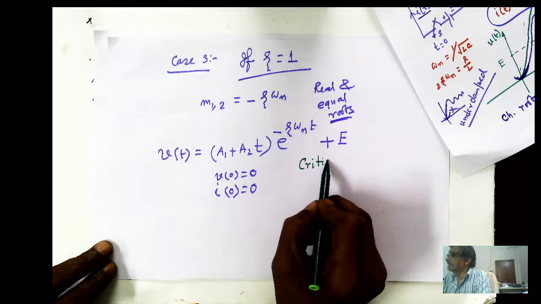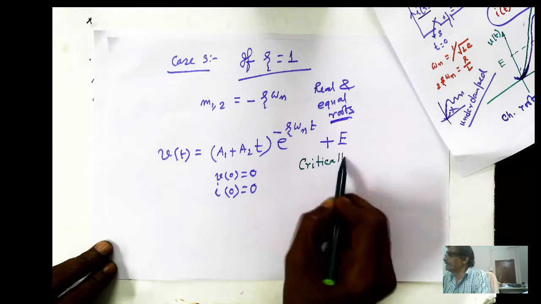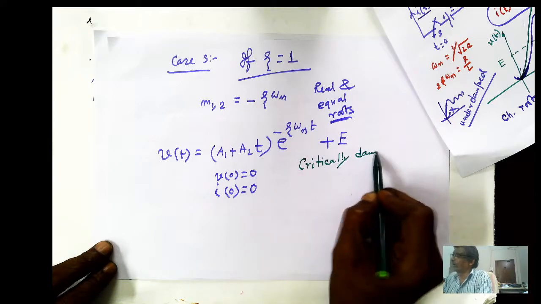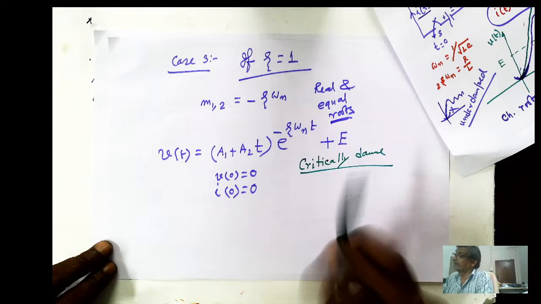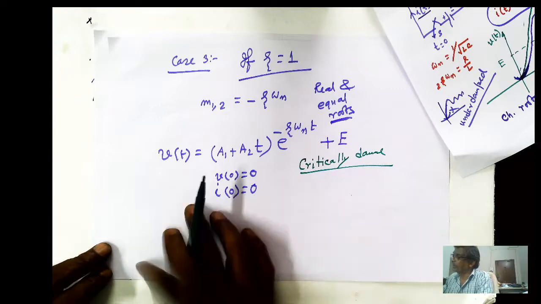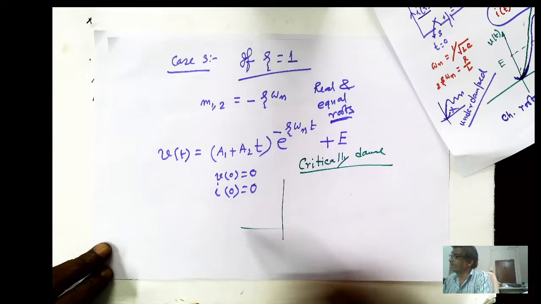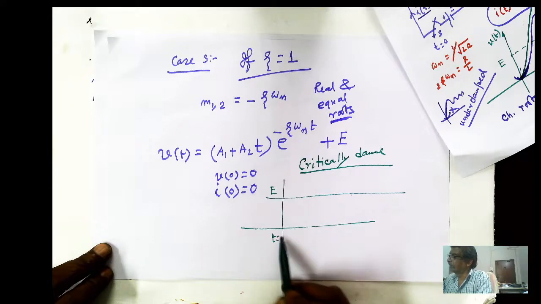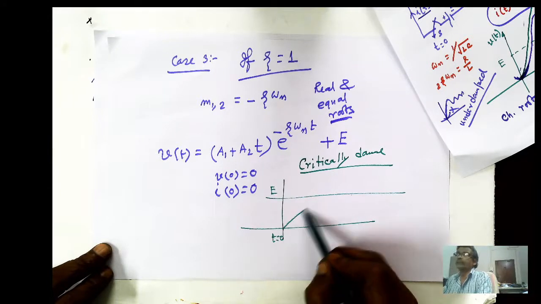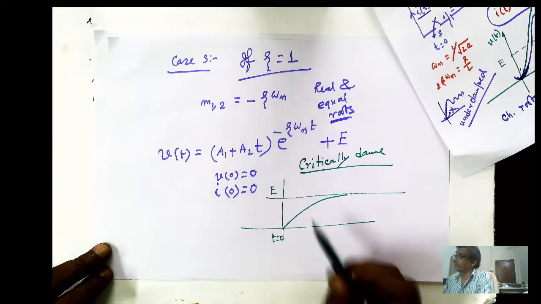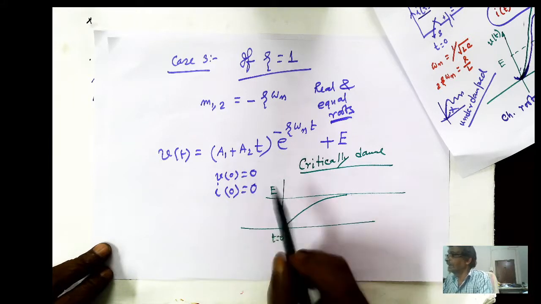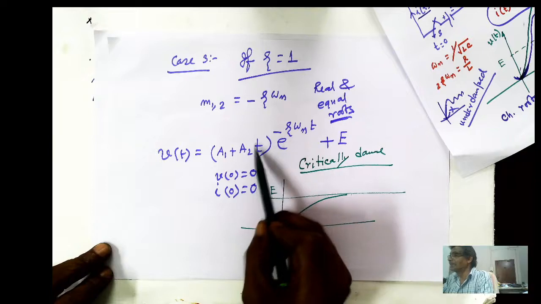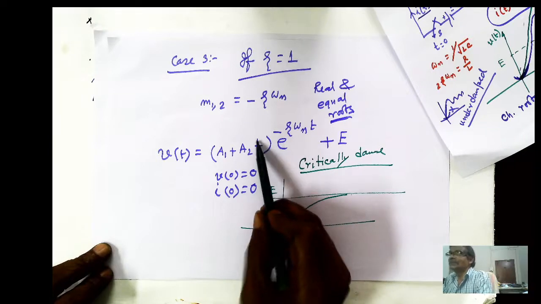Critically damped. Its response will look exponentially growing. If this is your E level, and this is t equal to 0, it will go like this. Two exponential functions adding. Mind you, the second term is multiplied with t.